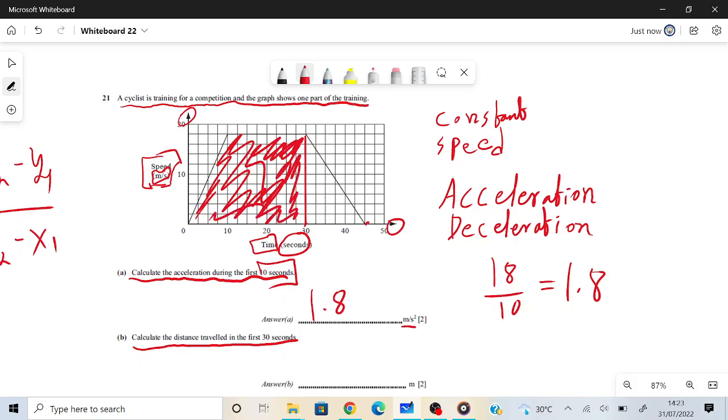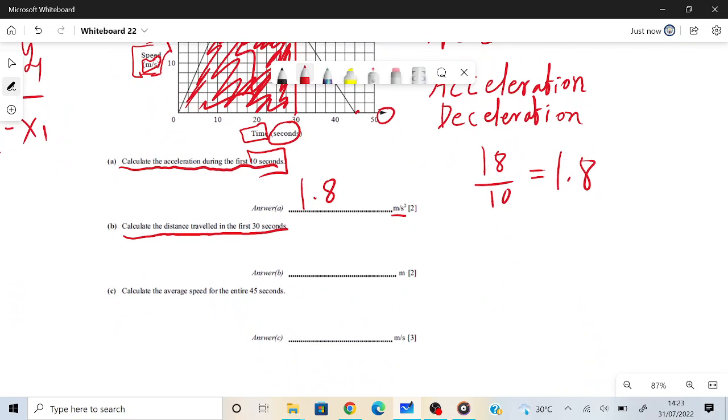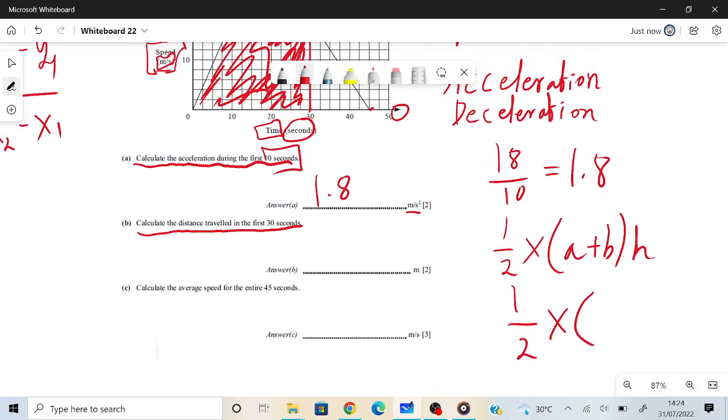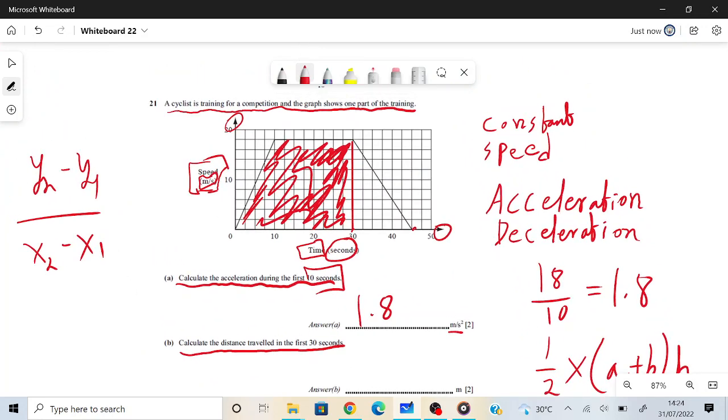Now, as you can see, this shape that we've created here looks like a trapezium. In order to find the area of this trapezium, we know that the formula we use is half into a plus b times h. So, substituting the values, this is going to be half into a. A is simply the value from here to here, which I think is 20.